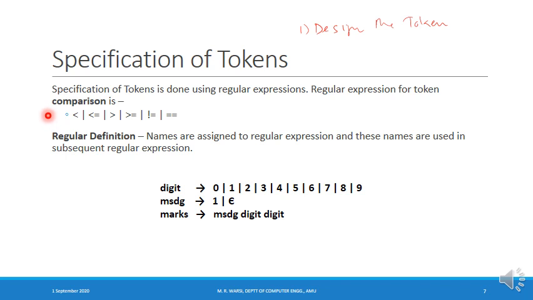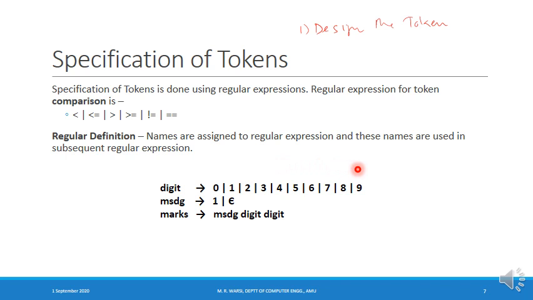I can now assign names to regular expressions, and then I can use these names in subsequent regular expressions, and this brings a lot of convenience while specifying the token. In this case, I call it a regular definition. The example is shown over here.